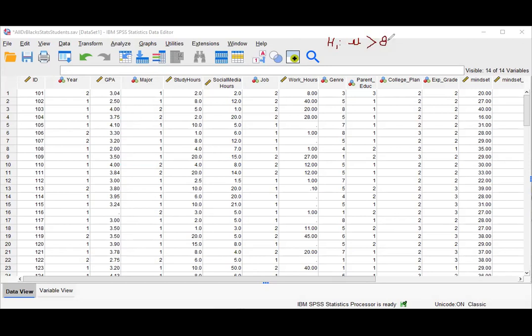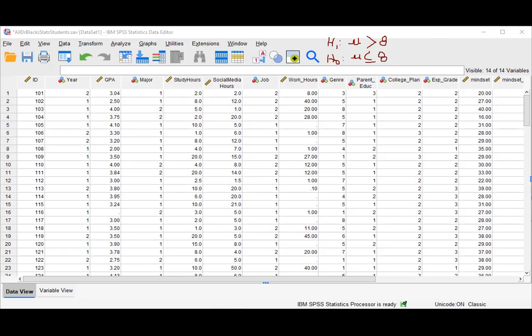Therefore, our null is that BC students study less than or equal to 8 hours. So right here, we have what will become our test value, 8.